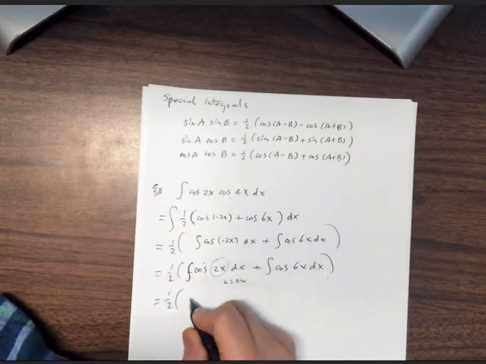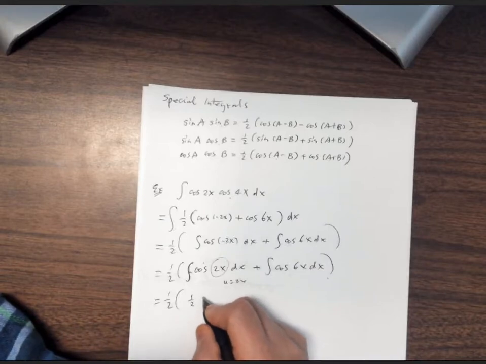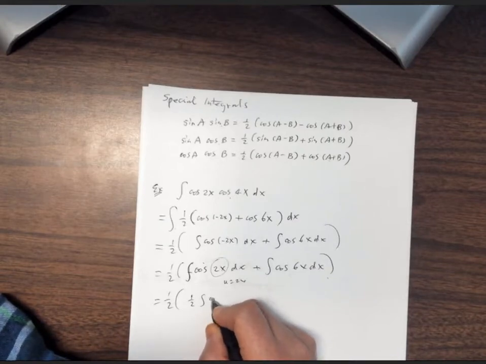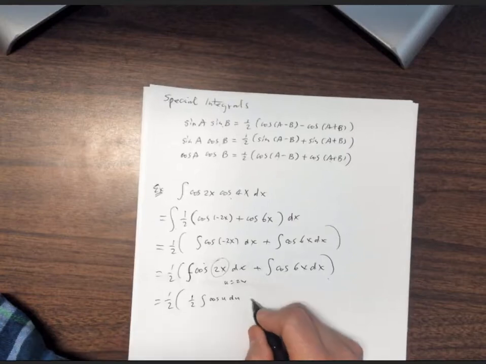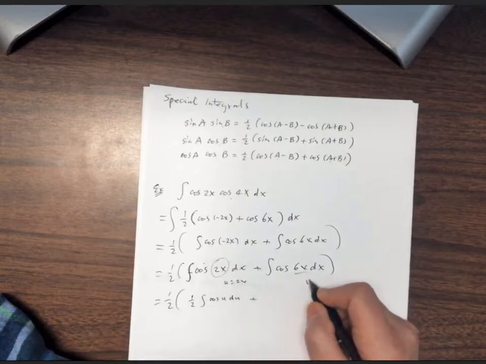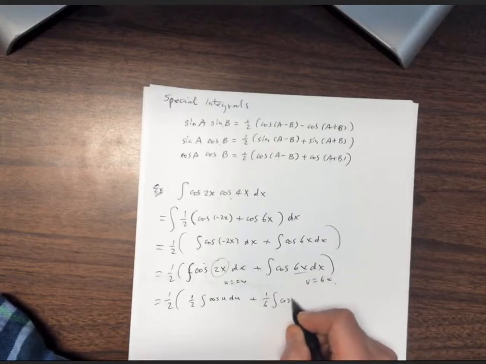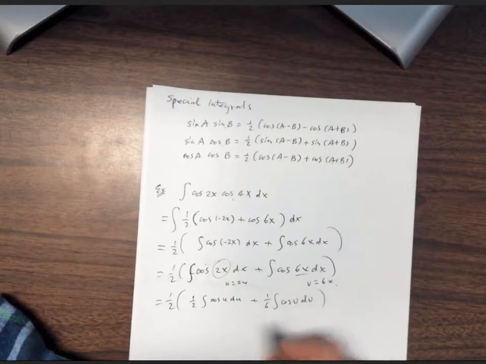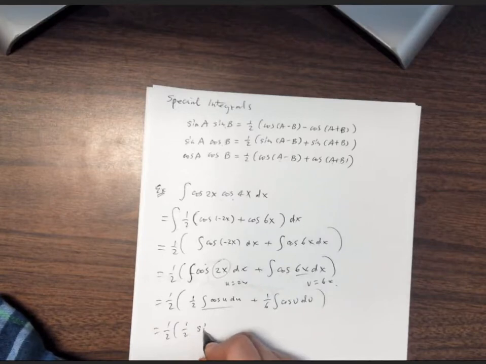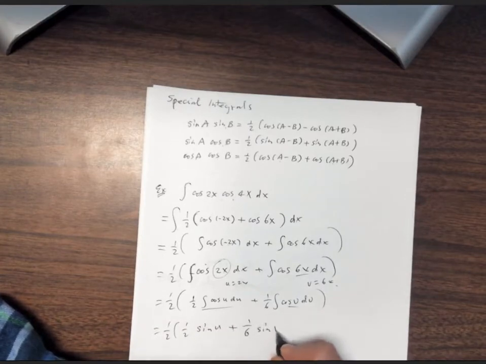Comes 1/2 cosine u du, and here say v equal to 6x, 1/6 cosine v dv. And this is a sine u, this is sine v.